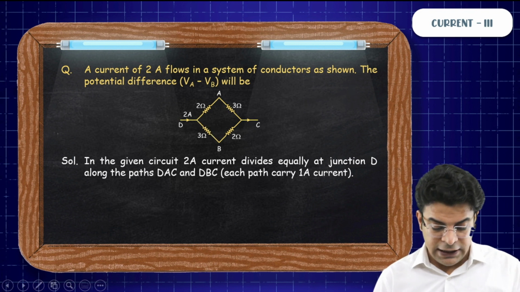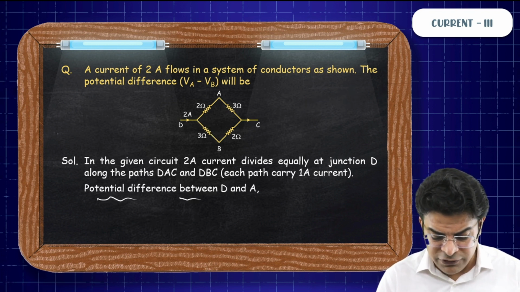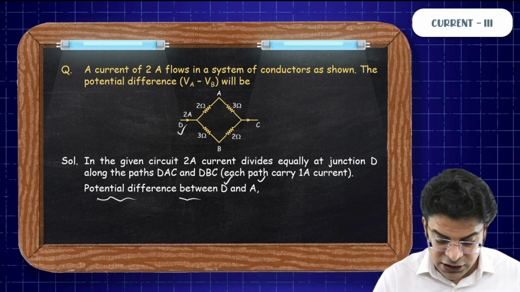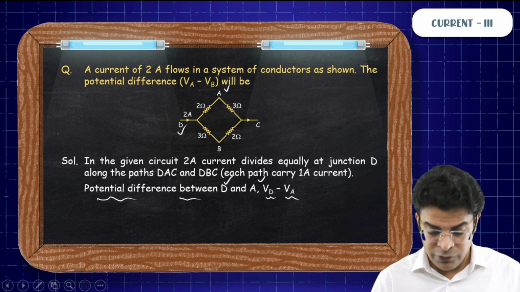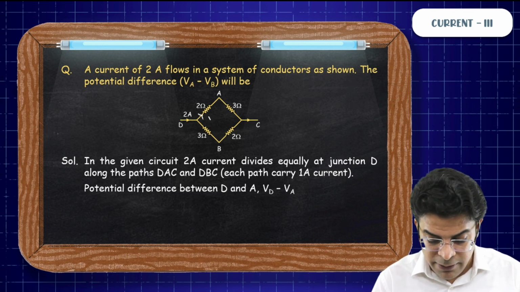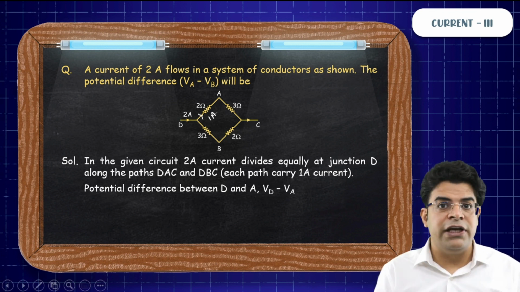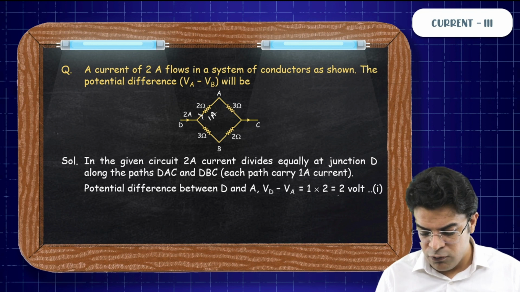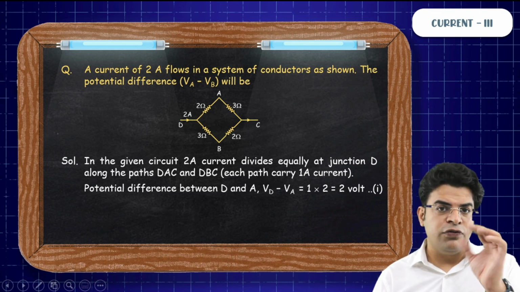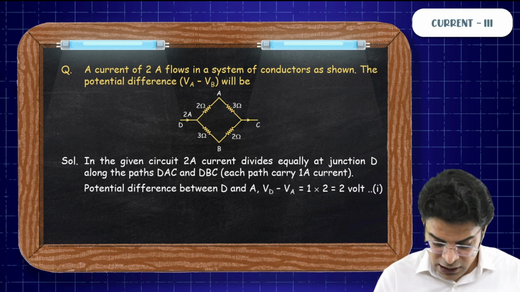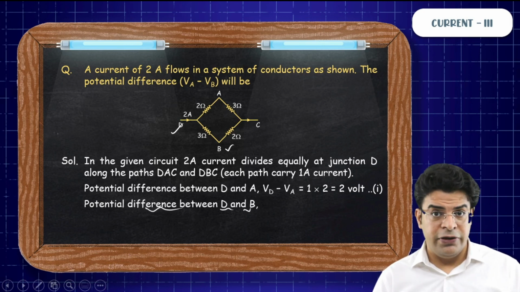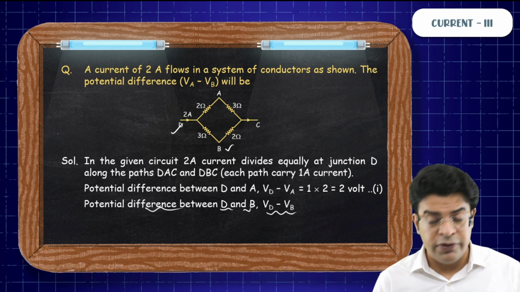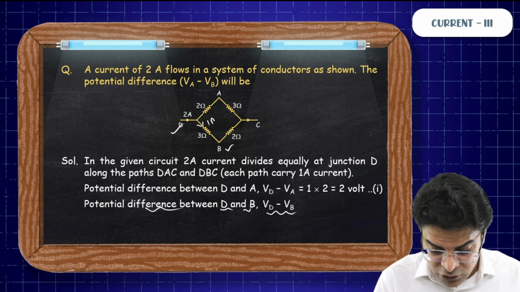So you will say that the potential difference between D and A will be equal to VD minus VA. And since a current of 1 ampere flows here, VD minus VA has to be equal to IR, that will be 2 volt. So think of it as your first equation. Similarly, the potential difference between D and B has to be equal to VD minus VB. And in this line also the current is 1 ampere.